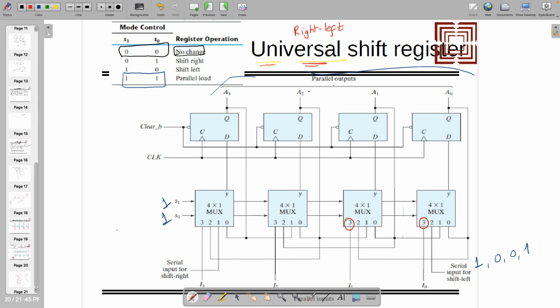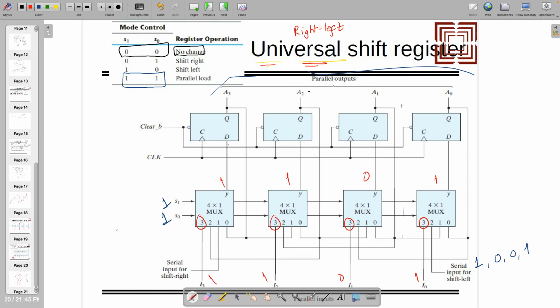So just look at what is available at the number 3 input. I am giving some parallel input which is available with me, I0, I1, I2, I3. So whatever I am feeding here, let's say 1 0, 1 1 like this, that will be transferred over here, and the same will be transferred to the other side after 1 clock cycle, right?